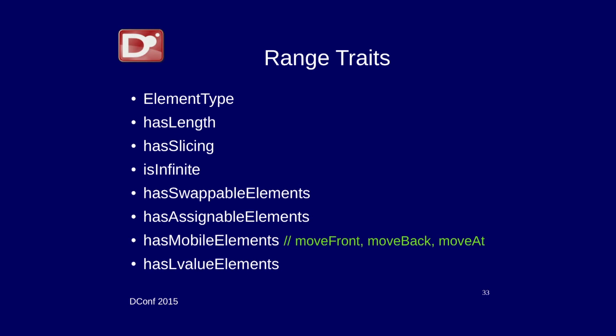So if it's a range of integers, that's going to be int. hasLength just tells you whether there's a length member that can be used. hasSlicing determines whether you can slice the range with indices, not empty. So you can say, I want 1 to the end and take out the first one, or 1 to the 7th element or whatever, and get a range that is then over those elements. And isInfinite determines whether the range is infinite.